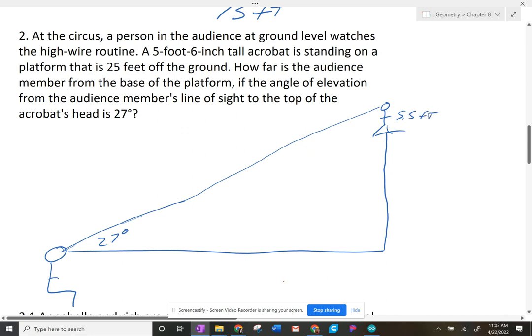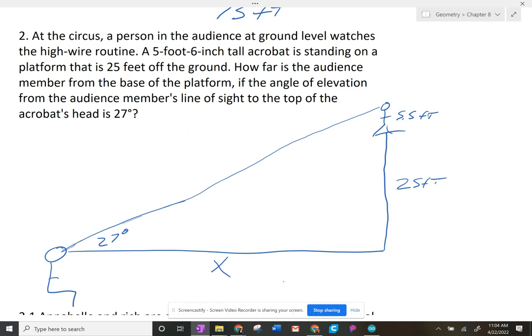Okay, how tall is the platform? 25 feet. Okay, and then it says it wants to know how far we are from the base of the platform. So I want to know this distance here. If I don't know it, I'm going to give it a variable. Okay, I've got my stuff there.